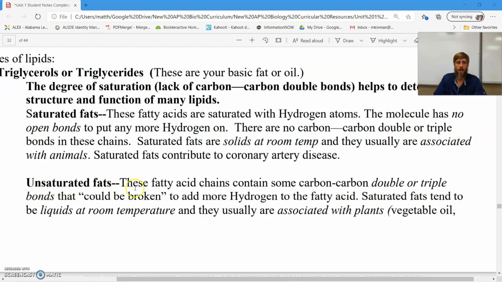Unsaturated fats have fatty acid chains that contain some carbon-carbon double or triple bonds that could be broken to add more hydrogen to the fatty acid. Unsaturated fats, make sure you change that, tend to be liquids at room temp, and they usually are associated with plants.